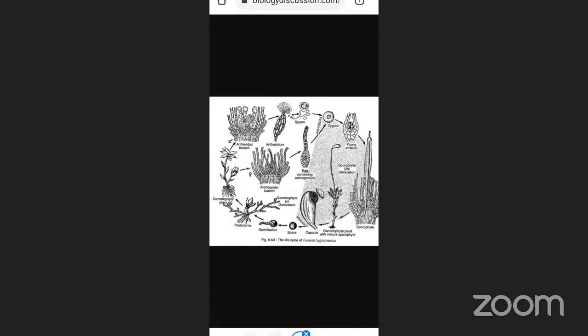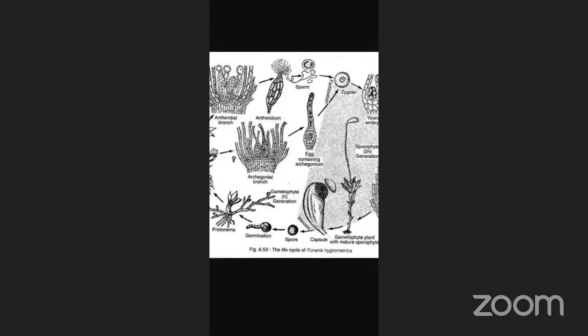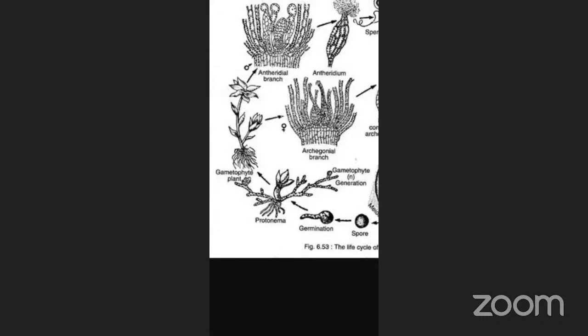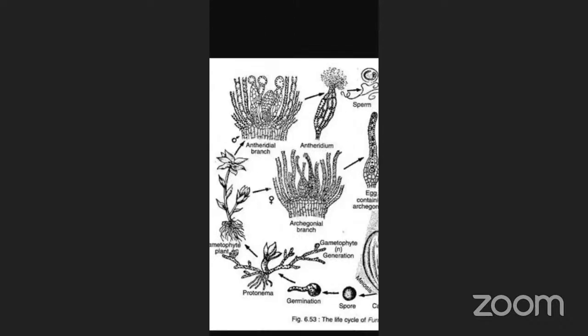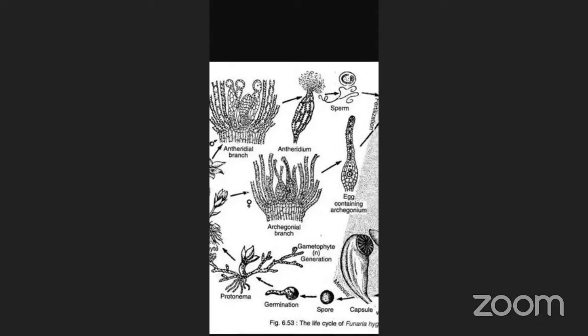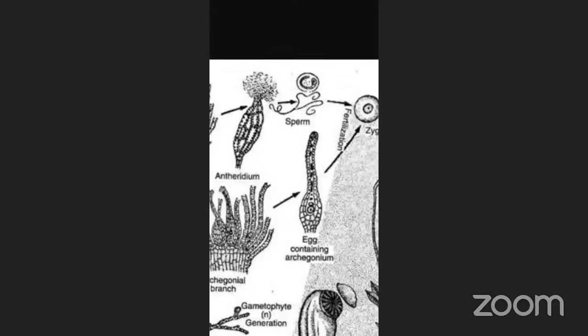Okay. After this, spores are released and germinated to give the protonema, and they develop as a gametophyte. This gametophyte has the antheridial branches on the apical stem, and the lateral branches have the archegonial stem. The antheridia liberate biflagellate antherozoids.